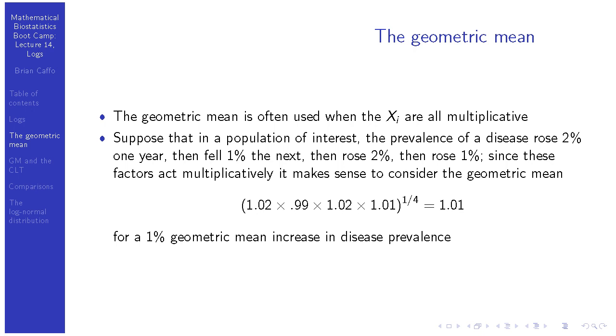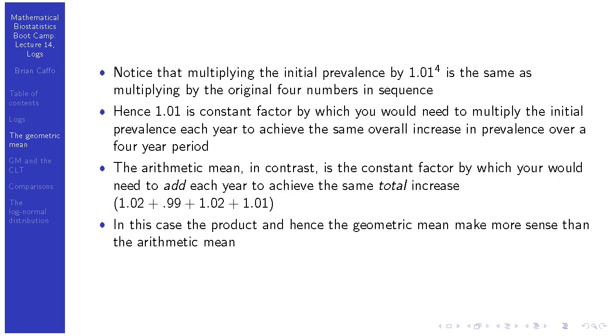So if you're thinking about things that are inherently multiplicative, like percent increases and decreases, then it's common to take the geometric mean. If you work in certain financial sectors, for example, when they say mean, they are referring to the geometric mean because it's more natural to talk about. Okay, so just rehashing some of these points. Multiplying the initial prevalence by 1.01 to the 4th power, in other words, multiplying it 4 times, is the same thing as multiplying by the original 4 numbers in sequence.